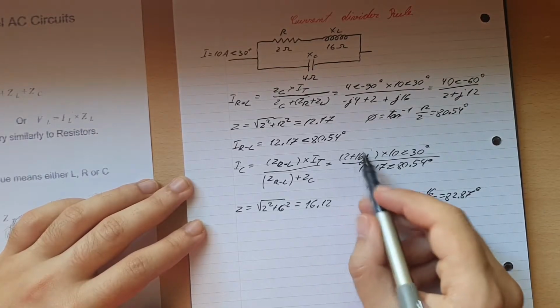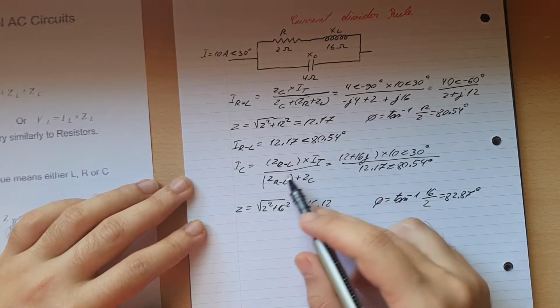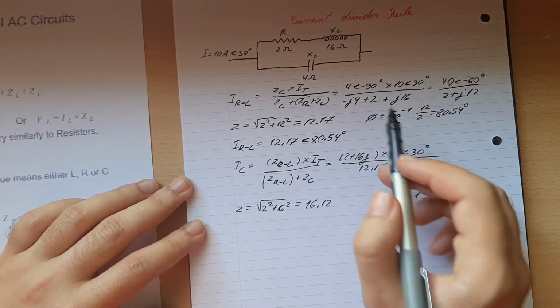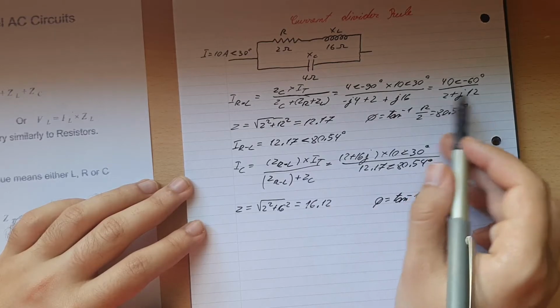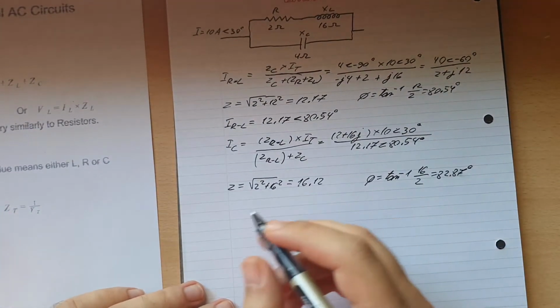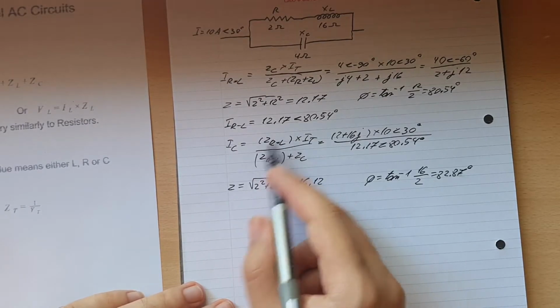We are basically calculating for this one here, if you didn't realize, for ZRL, because we don't have the polar form of this. We only have the polar form for this one here. Okay, so then we can replace this value here.